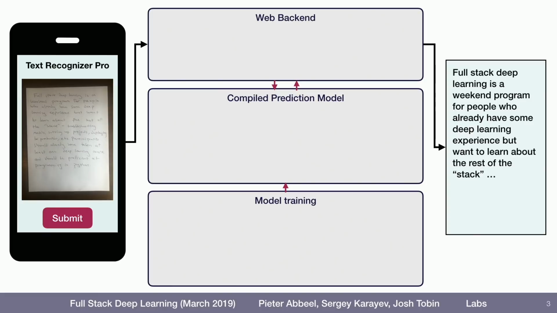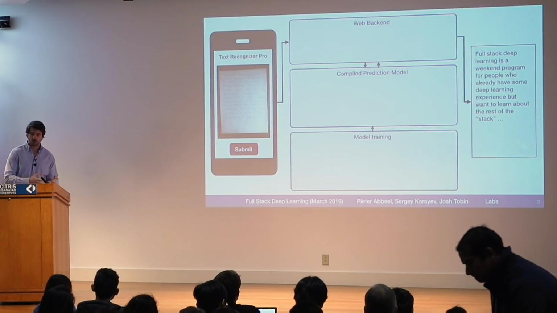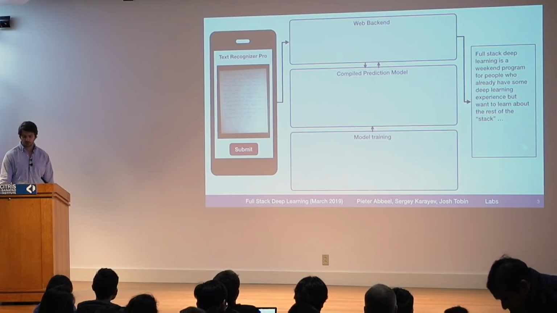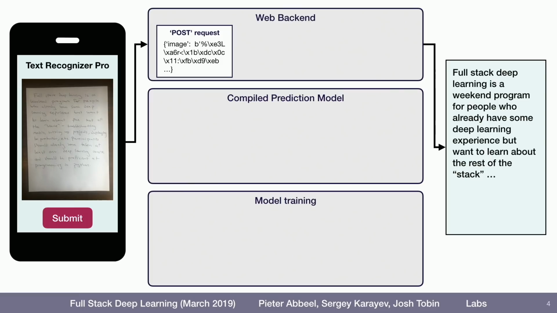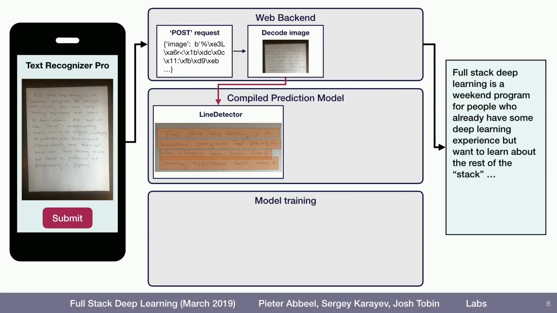The compiled prediction model is determined by some training code. In a little more detail, the web backend receives a post request that contains an encoded image. It decodes that image into something the machine learning model can understand, and then passes it to the model. The machine learning model that we've developed has two separate components.